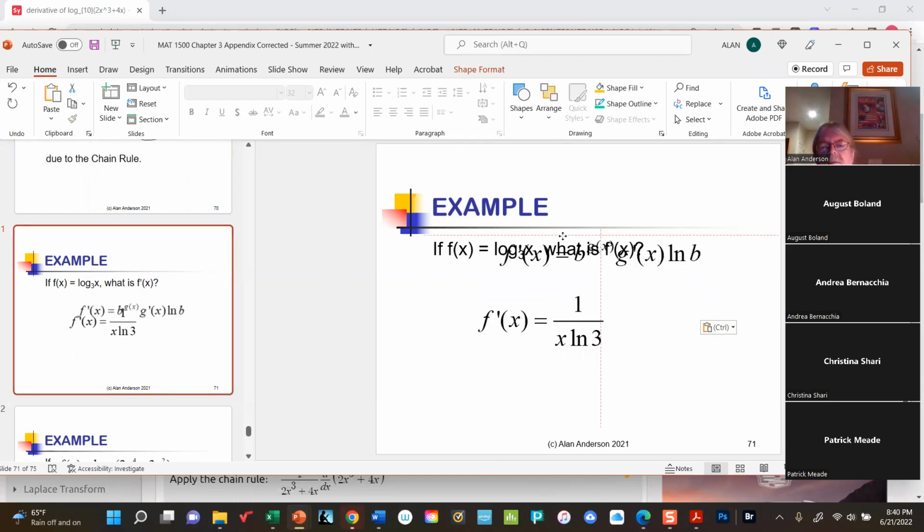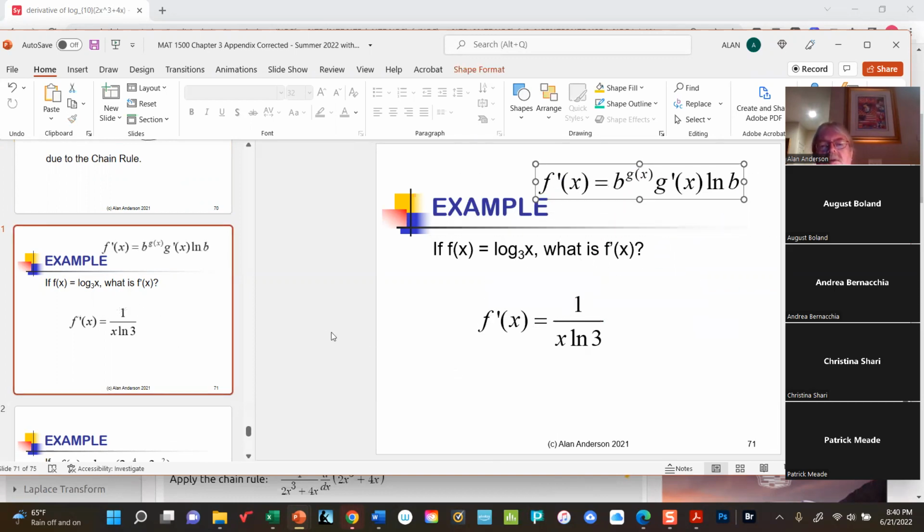All right, let's try this. So I'm going to put a little reminder up here what the rule is. Well, actually, no, we don't need that one. Sorry, I copied the wrong one.